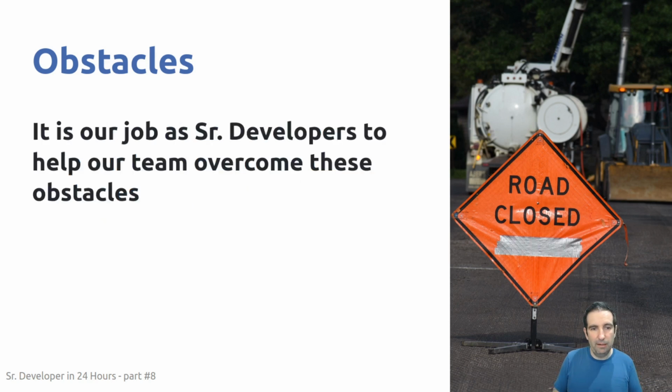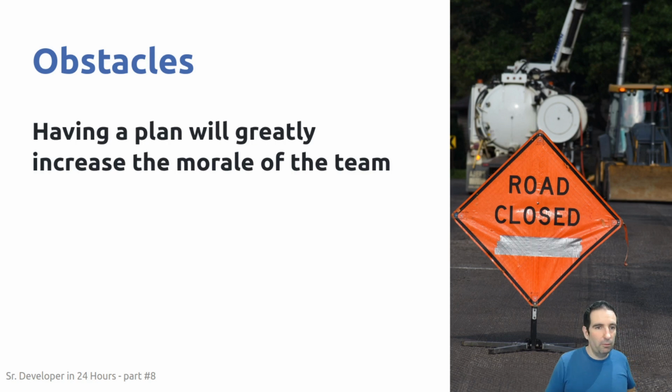And keep in mind that it is our job as a senior developer to help our team overcome these obstacles. When we're working with a very complicated project where we have a lot of dependencies, where we have a lot of uncertainty, having a plan will greatly increase the morale of the team. You don't want to go into a project where your team already feels that they're being set up for failure.